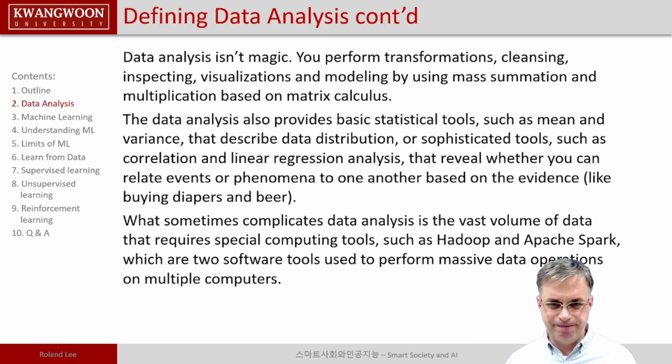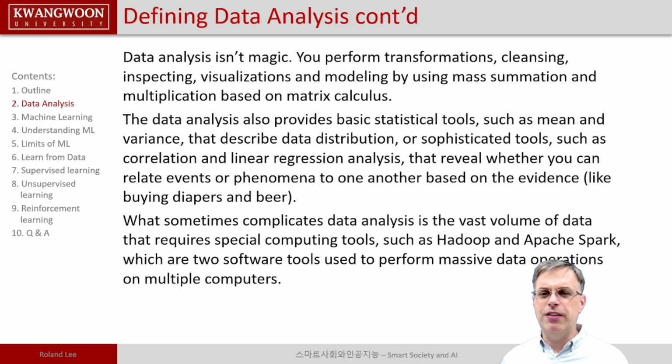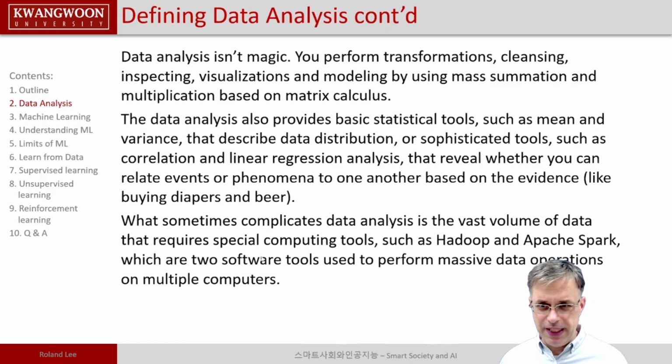And well, what sometimes complicates data analysis is the vast volume of data that requires special computing tools. In this case, Hadoop or Apache Spark can help us, which are two software tools used to perform massive data operations on multiple computers. Now, despite such advanced tools, it's still a matter of perspiration to manually prepare your data.